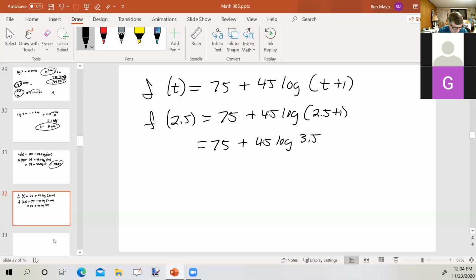And I'm getting 99.48. So realistically, rounding to the nearest fish, you get 99, right? I was going to say you can't have half of a fish. Well, you can, but it wouldn't be alive.